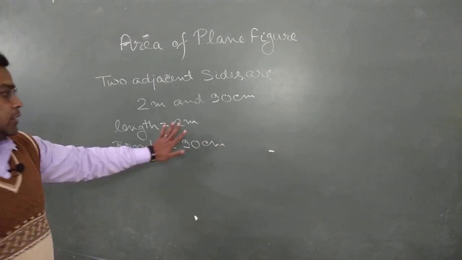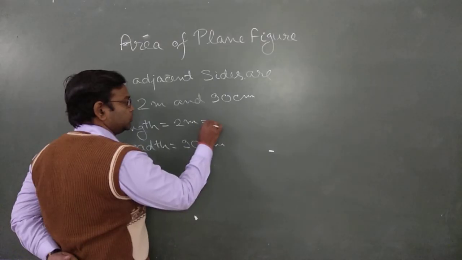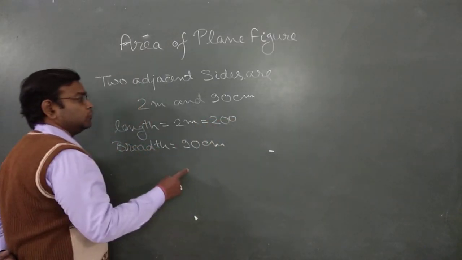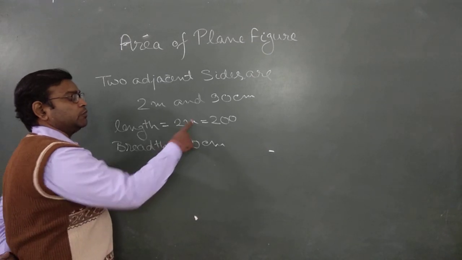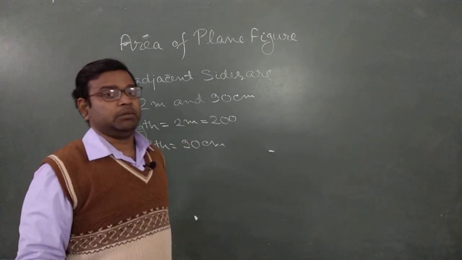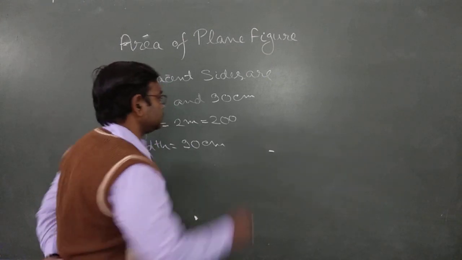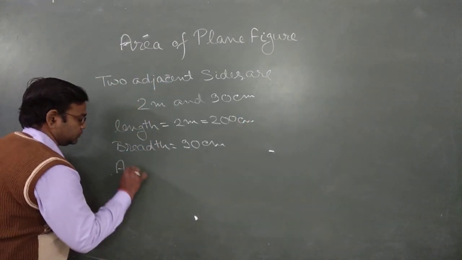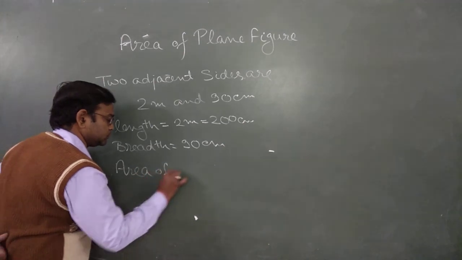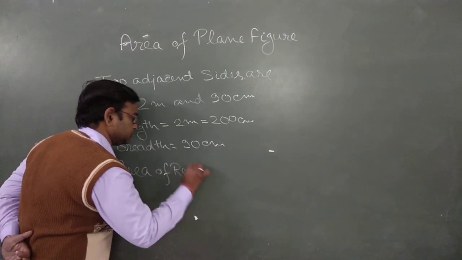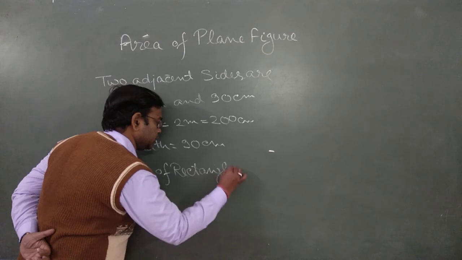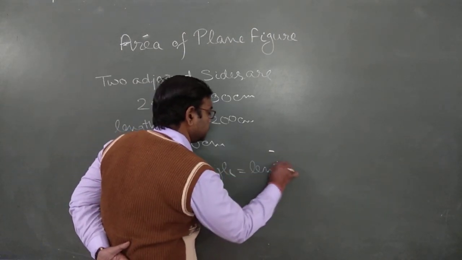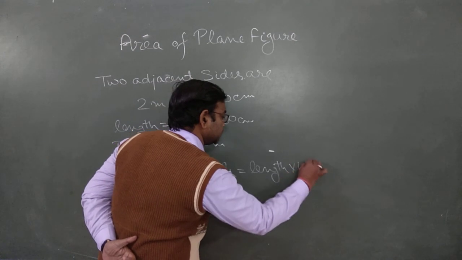90 centimeter is okay. You convert 2 meter into centimeter. 1 meter equals 100 centimeter, so 2 meter equals 200 centimeter. Now the area of the rectangle equals, as we know, length into breadth.